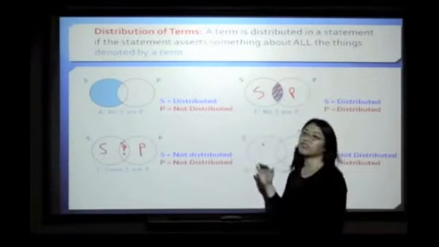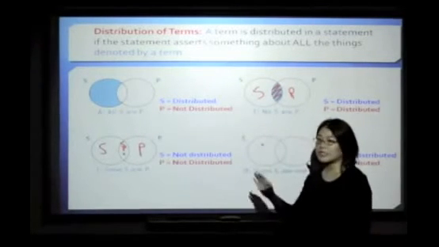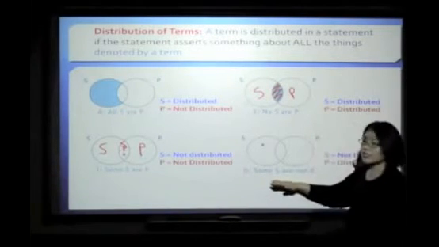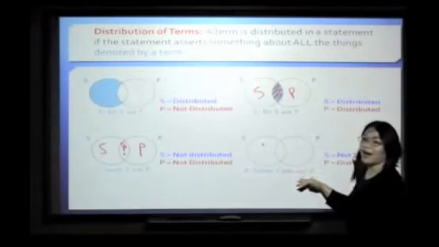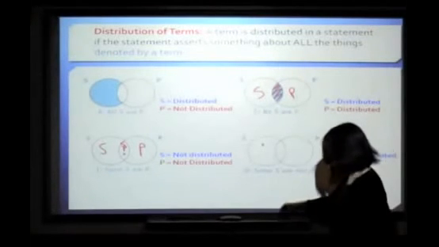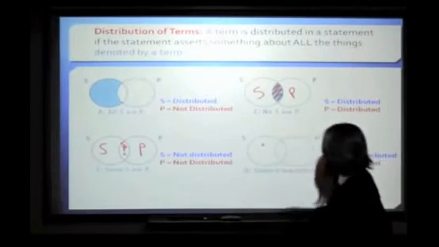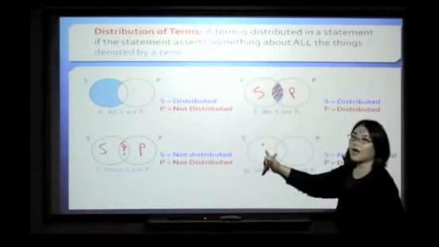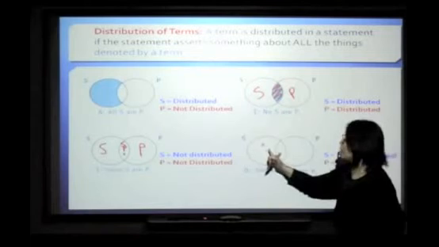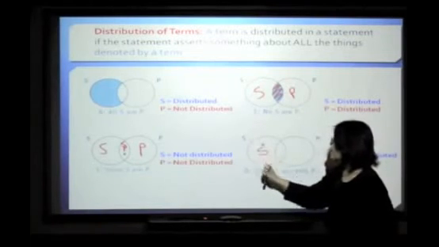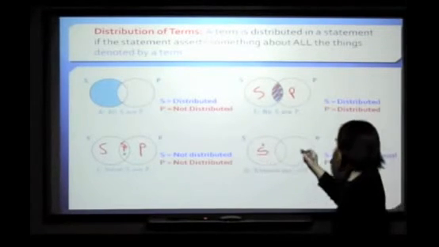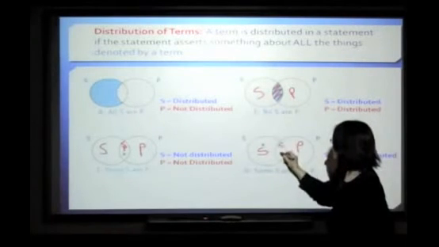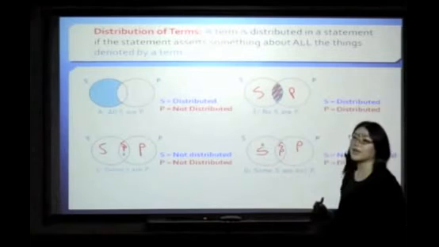Now, understanding the distribution of the O-type statement is a little bit confusing for a lot of people. Now, the O-type statement asserts that some S are not P, okay? So we have an X in the circle of the S term, but only in the area where it is just an S, okay? And here's the area in the P term that's just the P, and here we have the overlap S P, okay?